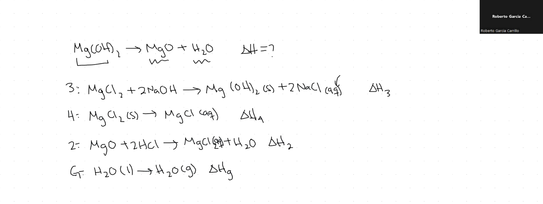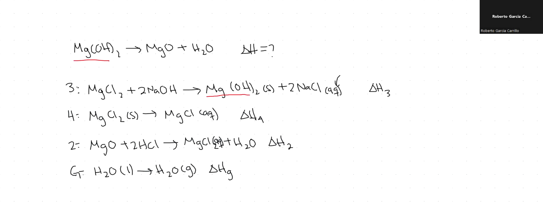So we can see that in reaction number 2 we have the magnesium hydroxide as a reagent, and we have it in reaction number 3 as a product.